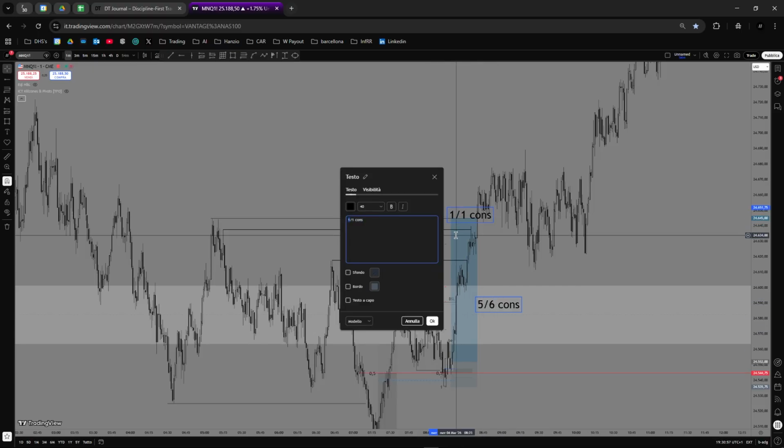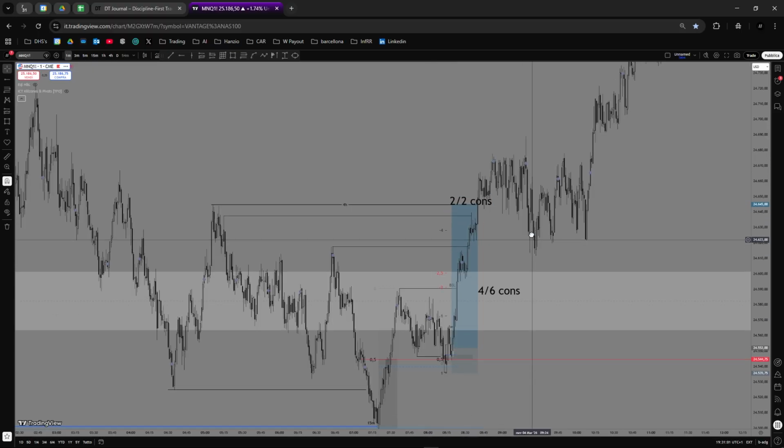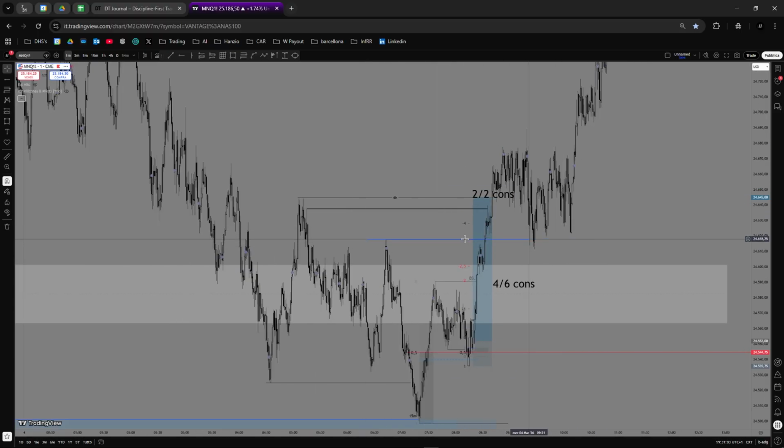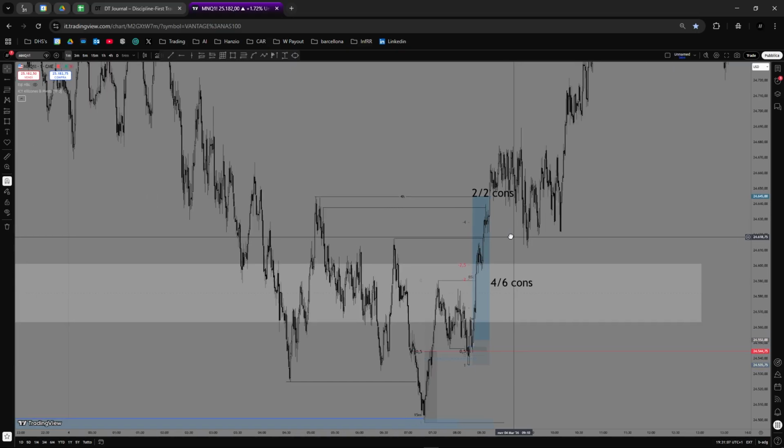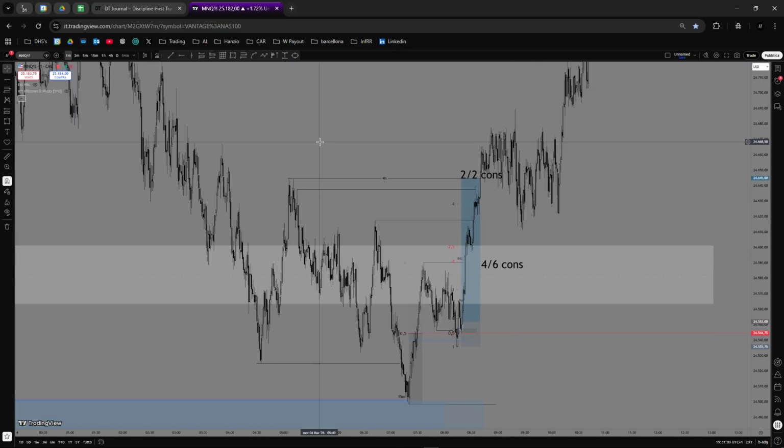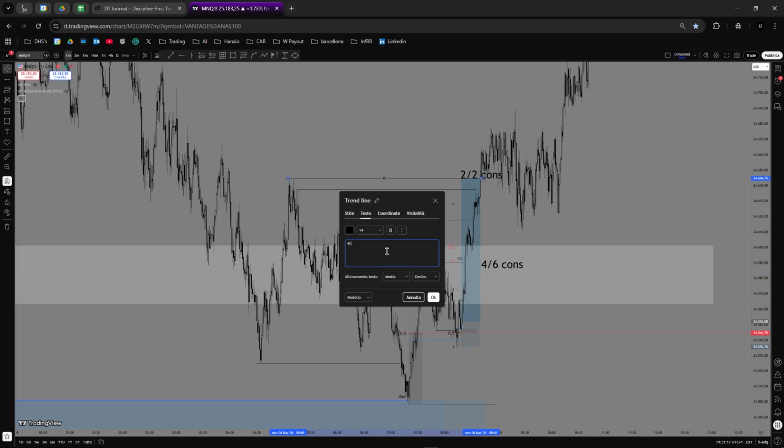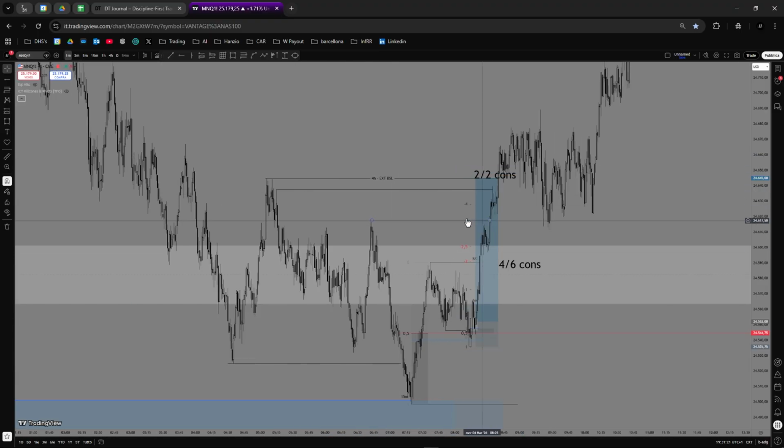But my last TP, my initial TP, was this level here, due to the fact that it was really close to this -4 standard deviation level, and the MMX model, in my opinion, was ending here. The external buy side liquidity was here, so this is why I took most of my position right there.